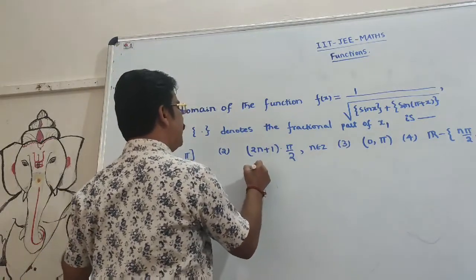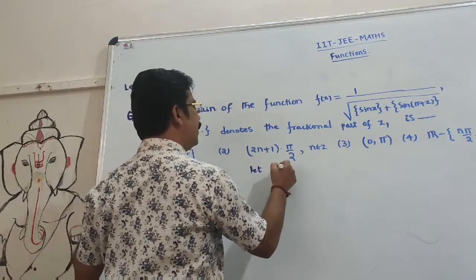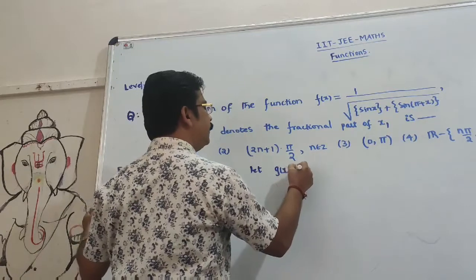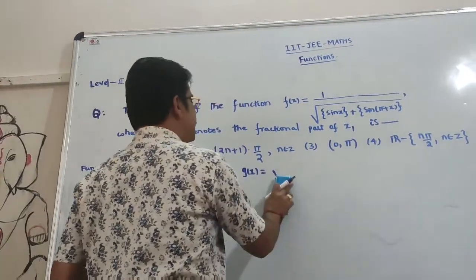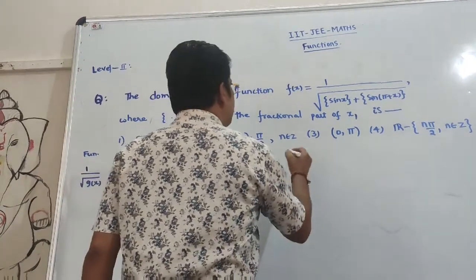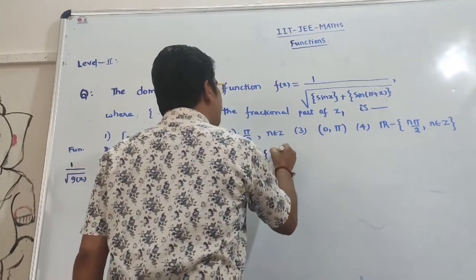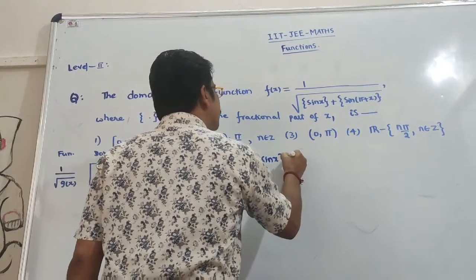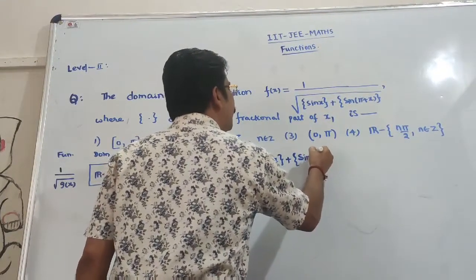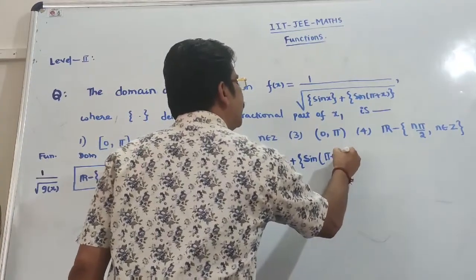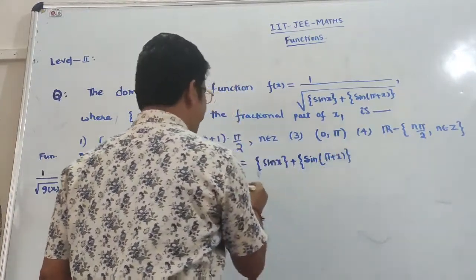First, let g of x equal to the fractional part of sin x plus the fractional part of sin of pi plus x. So first simplify it.